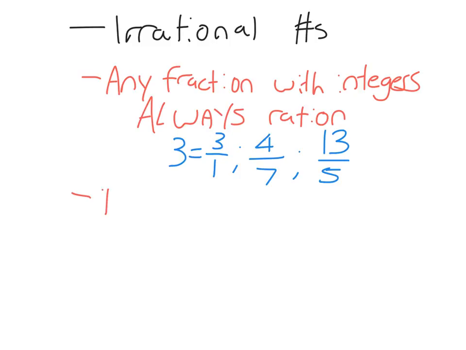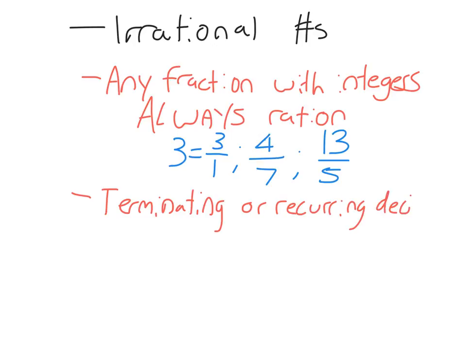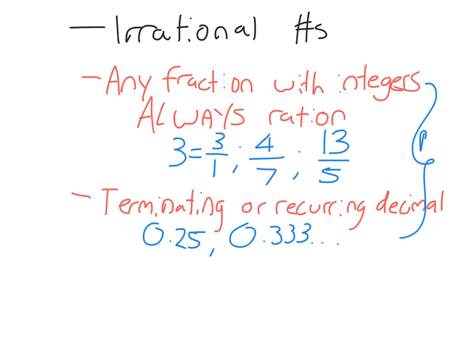And if it has a terminating or recurring decimal that we just went through, then it is also rational. So 0.25 is rational because it's terminating. 0.3333 going on, which is a third, is a recurring decimal, so it's rational. So all of these are rational.